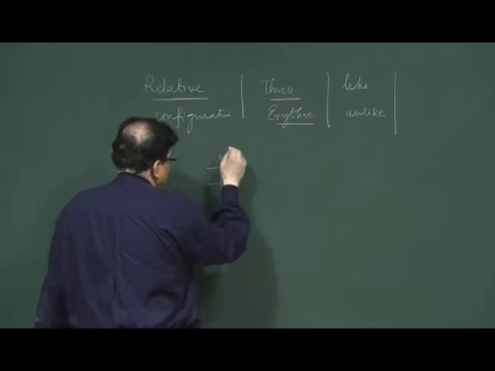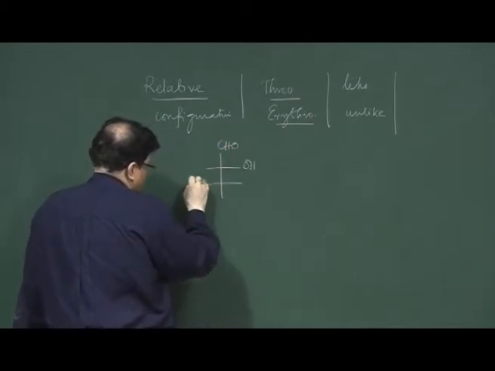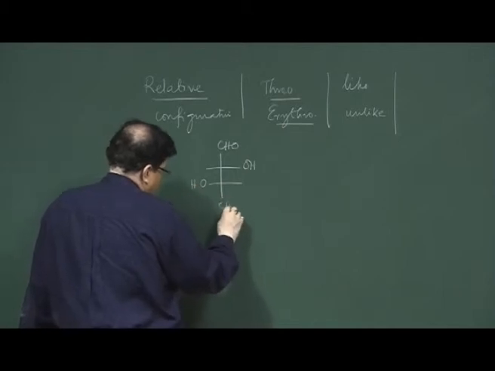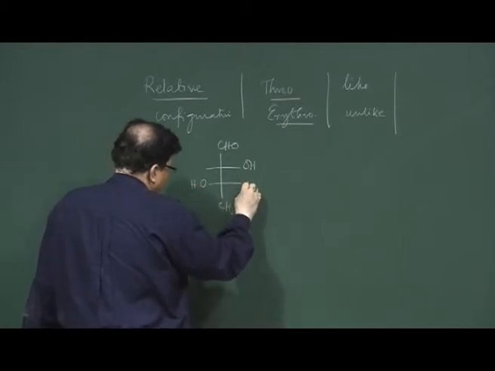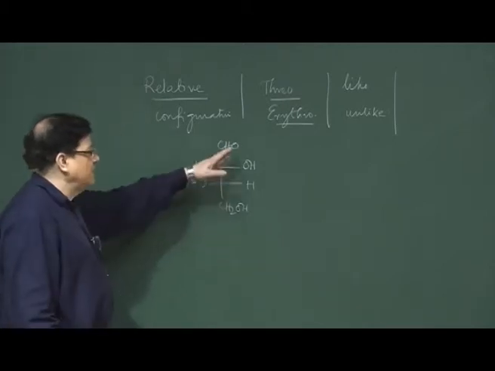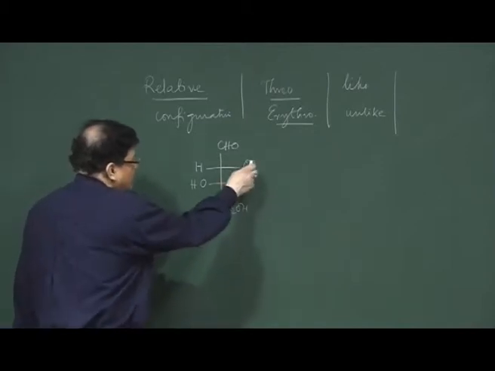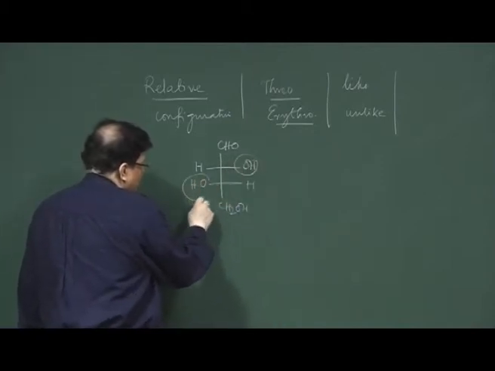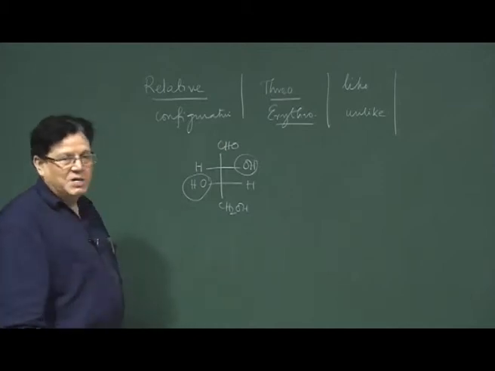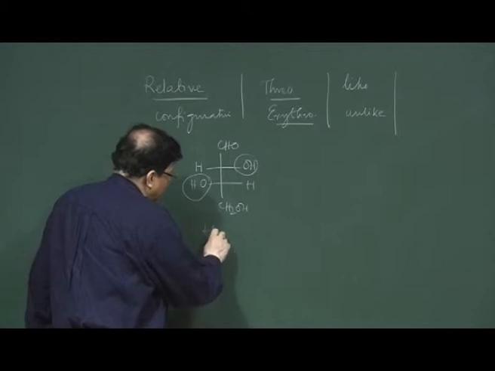What is a threo configuration? Take this carbohydrate, this sugar molecule. Sugar molecules are basically polyhydroxyaldehydes. If you see that these OH groups are opposite to each other in the Fischer projection formula, then that is called threo.